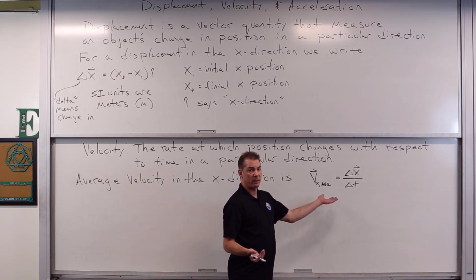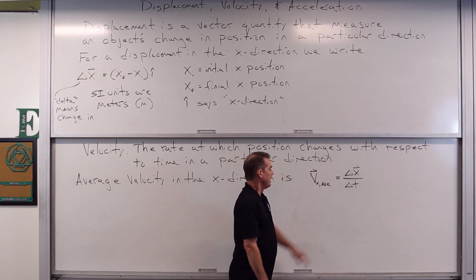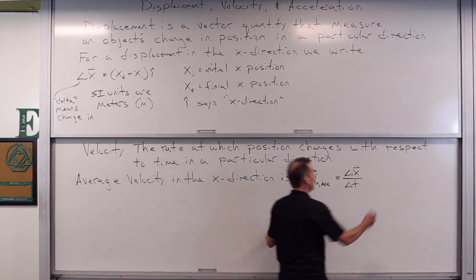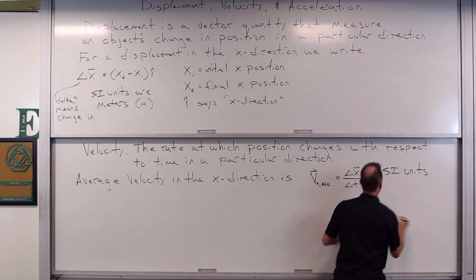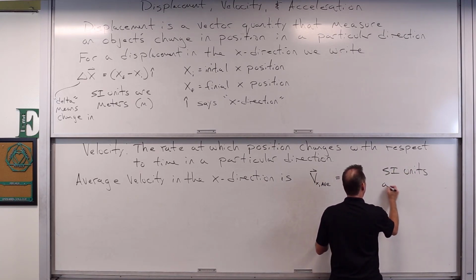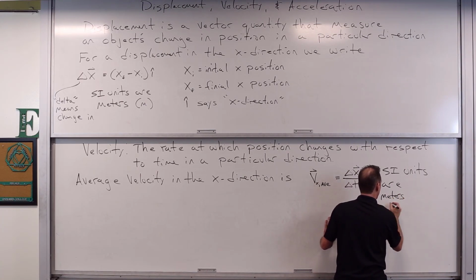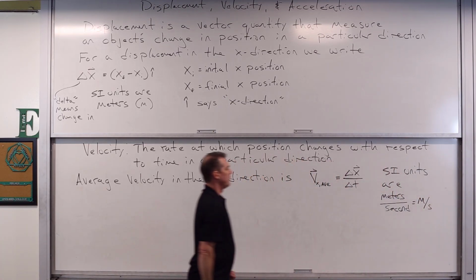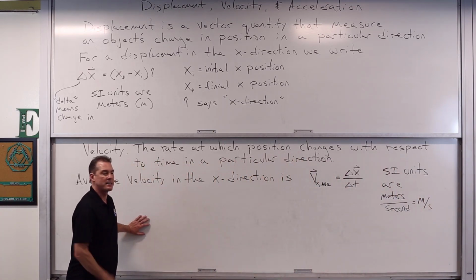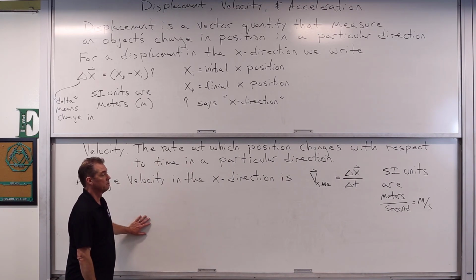Well, again, it gives us a vector that depends on the displacement, and then it's divided by time. So let's look at that. SI units are meters per second, m divided by s. Okay.